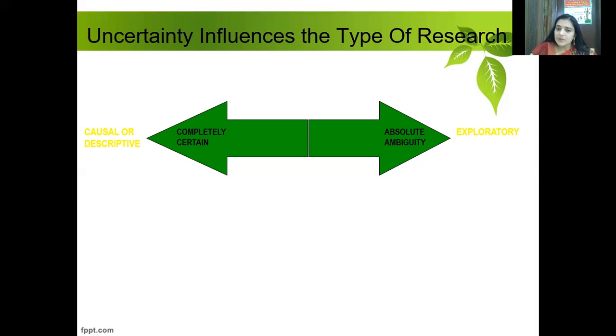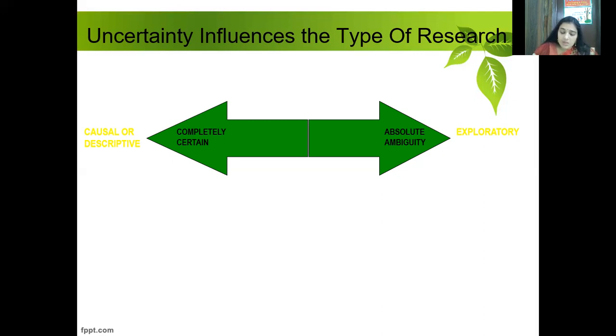And at the time of absolute ambiguity, when you don't know anything at all, at that time also you can go for research. Basically, when you are 100% certain about the situation, you will not be going for business research. You will be just going for some formulations, like in causal or descriptive research. If you are uncertain and you have some educated guesses, then definitely you can go for research.